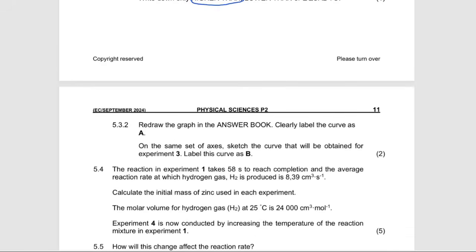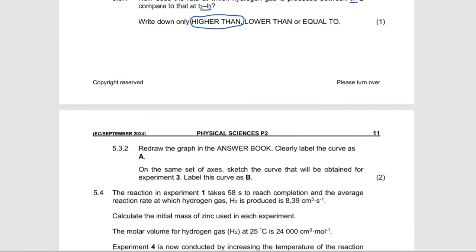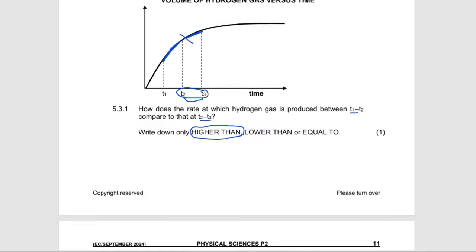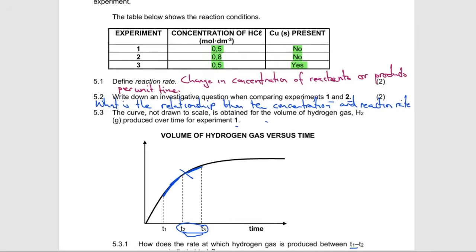Now 5.3.2 says redraw the graph in the answer book and clearly label the curve as A. On the same set of axes, draw the curve that will be obtained for experiment number three and label this curve B. So let's look at experiment number three. What was changed there?